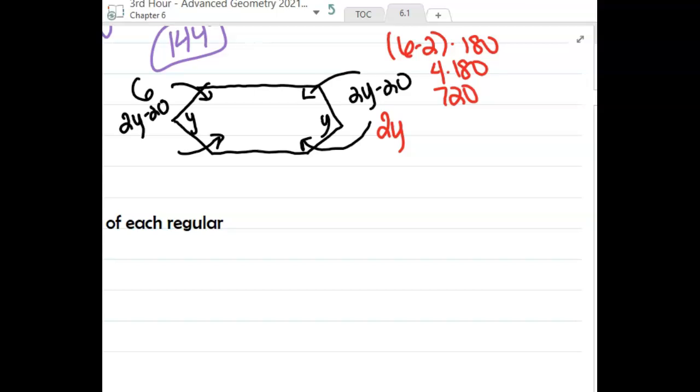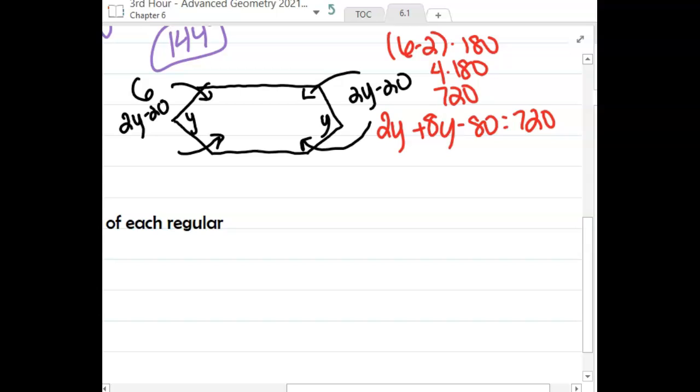If you add all that together, that's 8y, and with the 2y, the total is 10y. And then you have minus 20, minus 20, minus 20, minus 20, which is minus 80, equals 720.